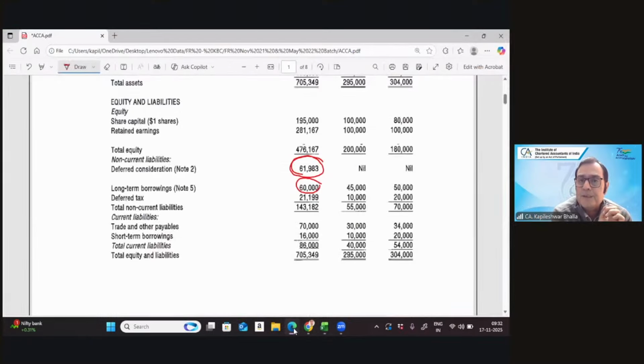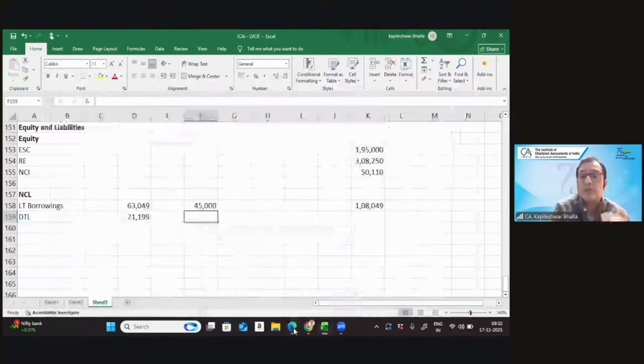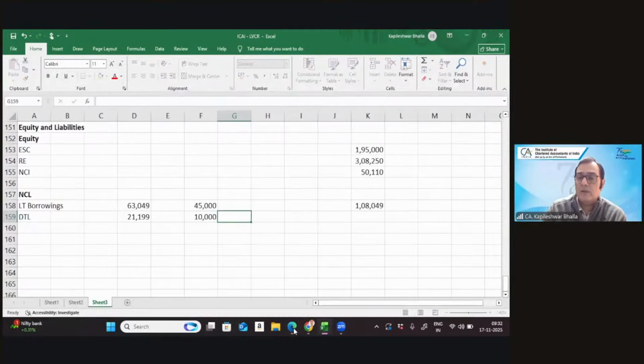And the subsidiary's DTL is appearing to the extent of 10,000. Now a couple of DTL adjustments. You go back to step number 2A and look at all the details.